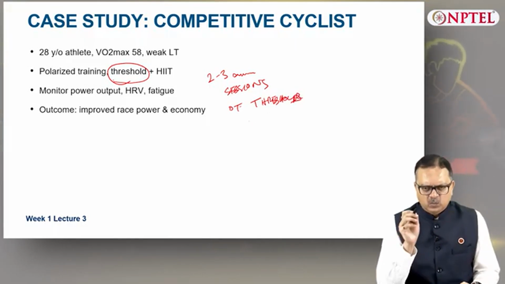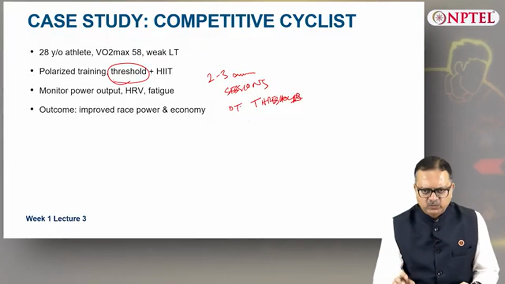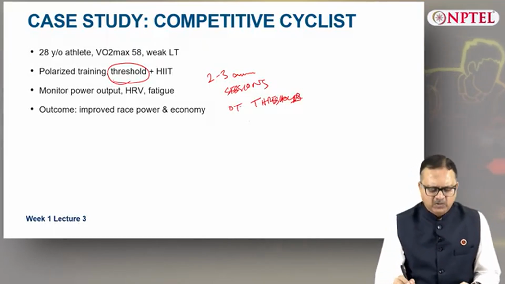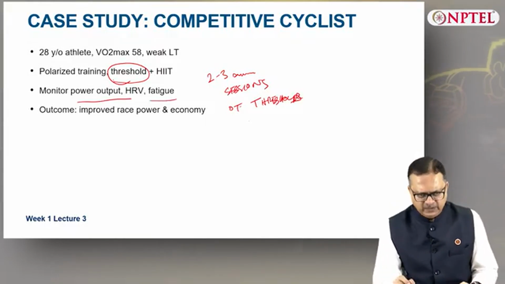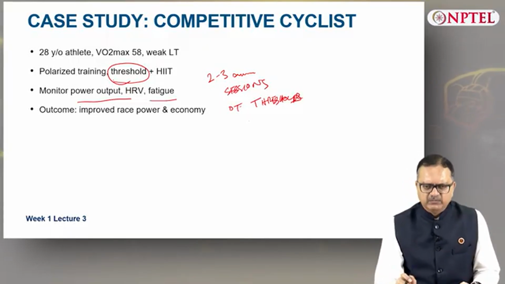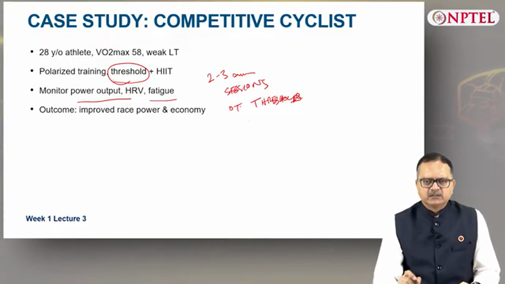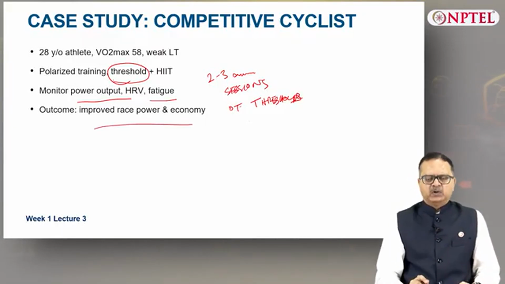Start with 1 session and gradually progress to 3 sessions over a week. Monitor the power output, HRV and fatigue. If you are able to do this properly, give him a well-designed training program, monitor his rest and recovery, you will be able to improve his race power and economy.